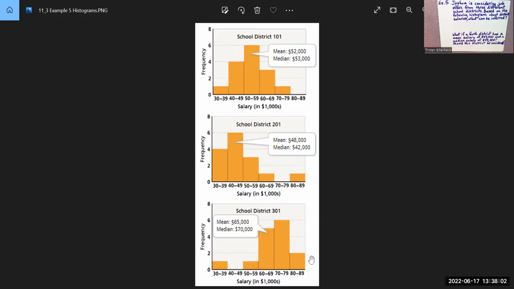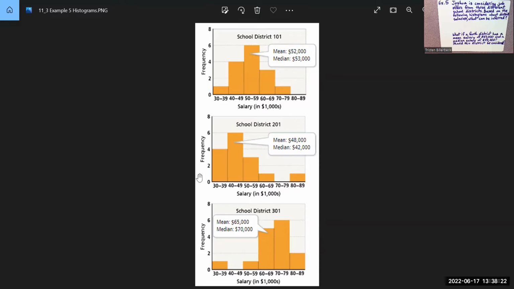So when we look at the fourth district with a mean salary of 57,000 and a median of 49,000, that looks more like this one, where your mean is over here to the right of the median.